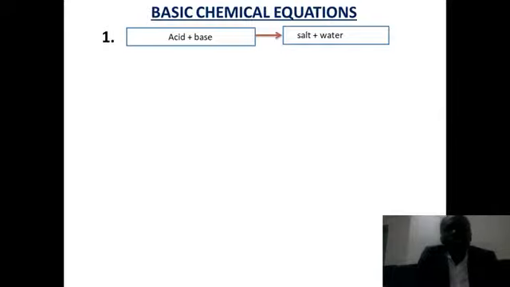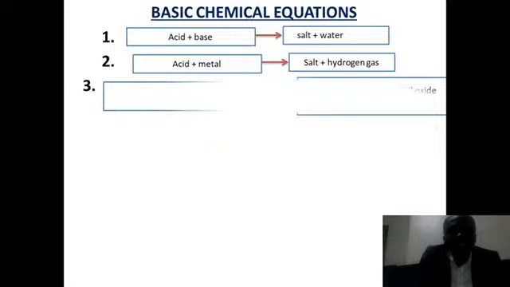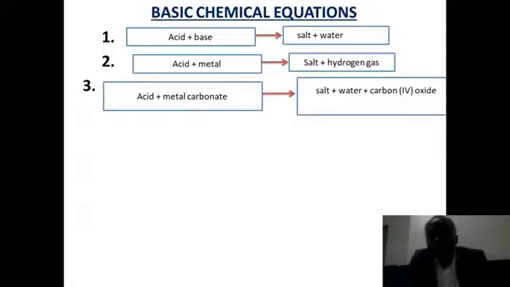Acid plus base gives you salt plus water. And number 2 is the equation for acid plus metal, which gives you salt plus hydrogen gas. And number 3, lastly, is acid plus metal carbonate, which gives you salt plus water plus carbon(IV) oxide.